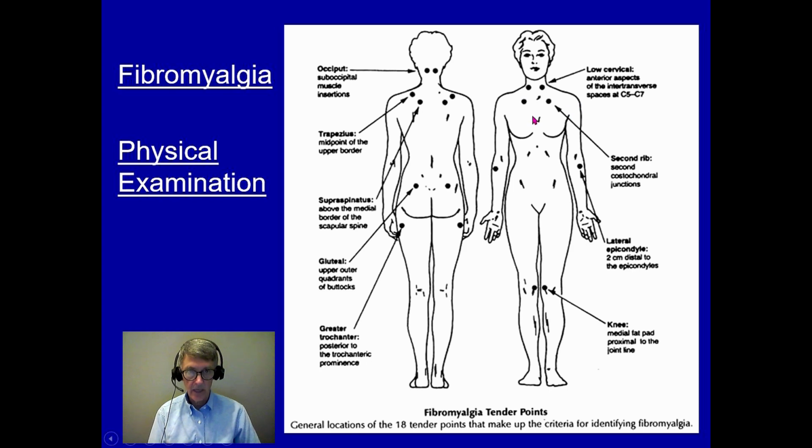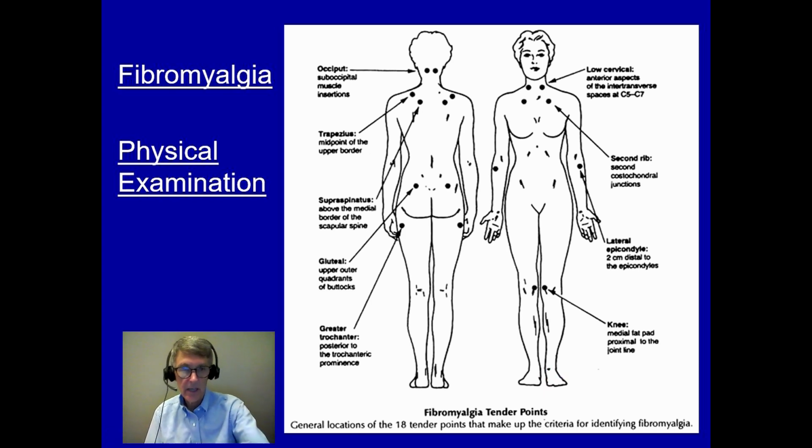There can be costochondral tenderness, lateral epicondyle tenderness, and tenderness in the medial fat pad of the knees. So these are classic locations. Areas that I also frequently find pain are the anterior shoulder bilaterally. And interestingly, the tibialis posterior, the medial tendon of the ankle.